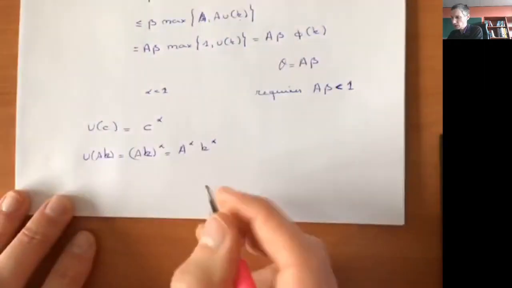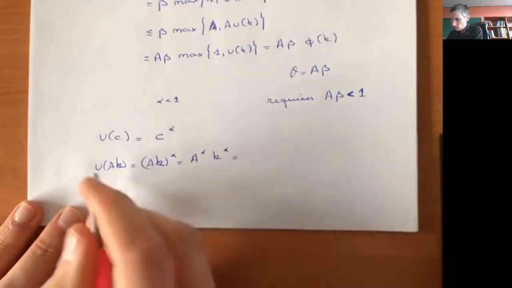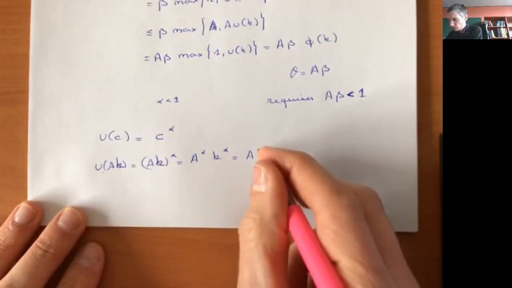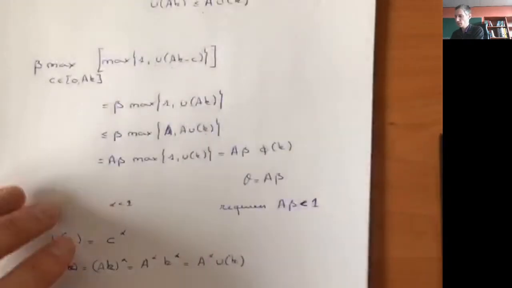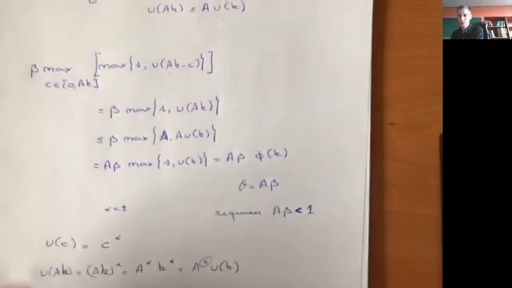So basically here we get the equality that u of ak is equal to a to the alpha times u of k. So we get the parameter alpha in addition here.